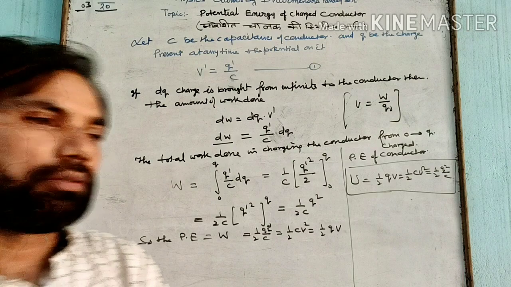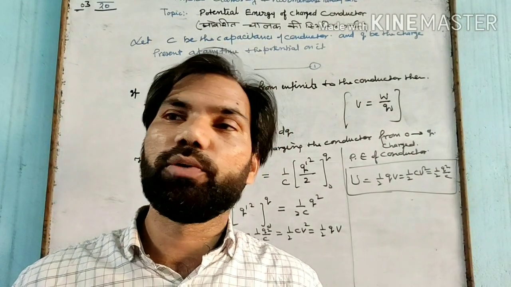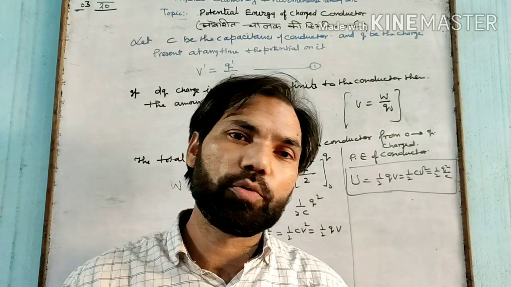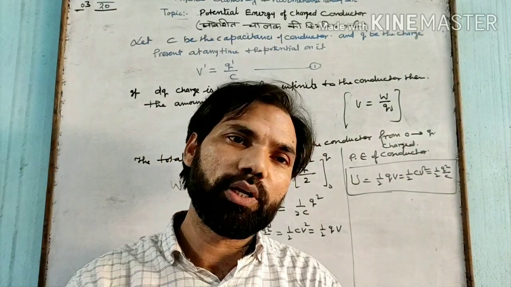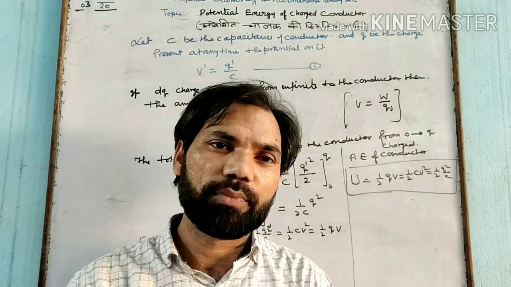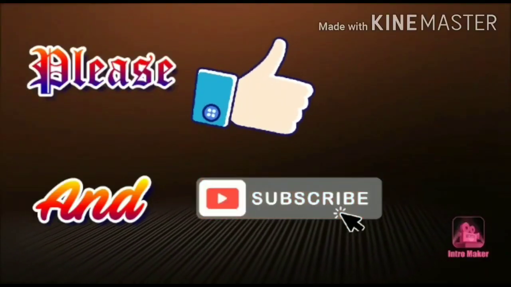These things we will discuss in the next video lecture. So try to read these topics in your book, and definitely you will enjoy when I teach you. Okay, that's all for today.